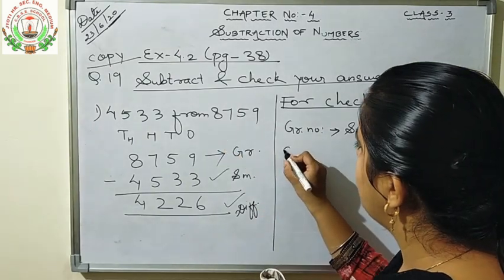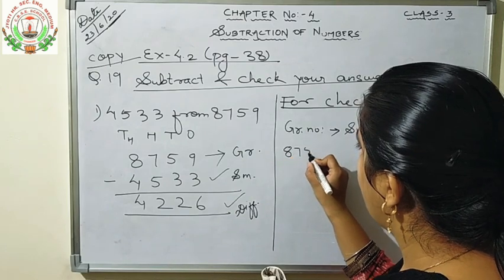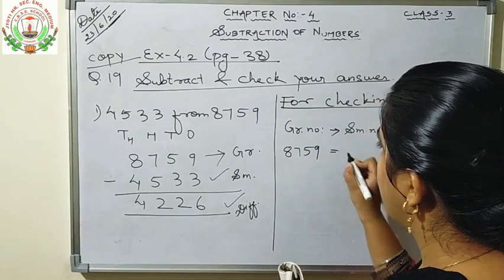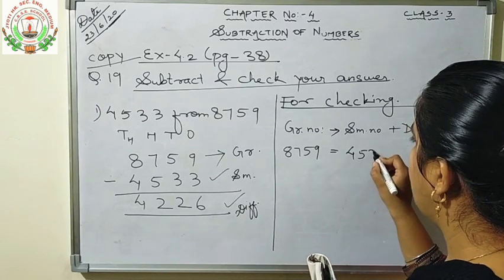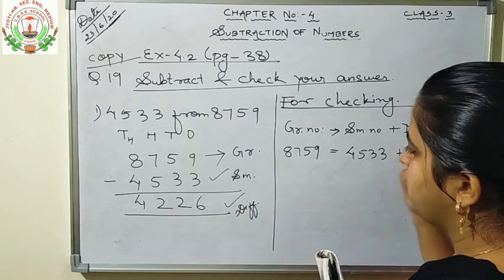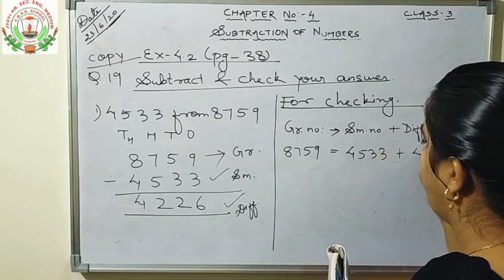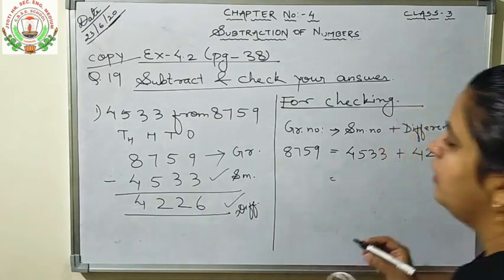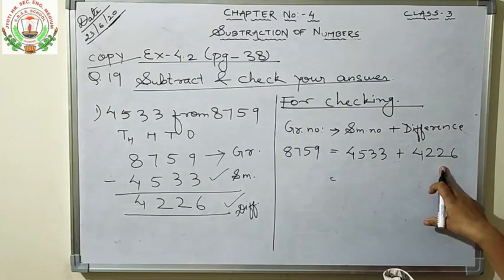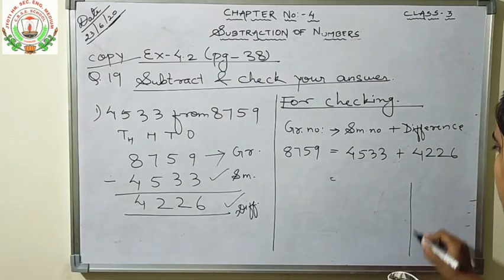Greater number is 8759 is equals to smaller number is 4533 plus what is the difference? Difference is 4226. So basically you have to add smaller number and difference to get the greater number.